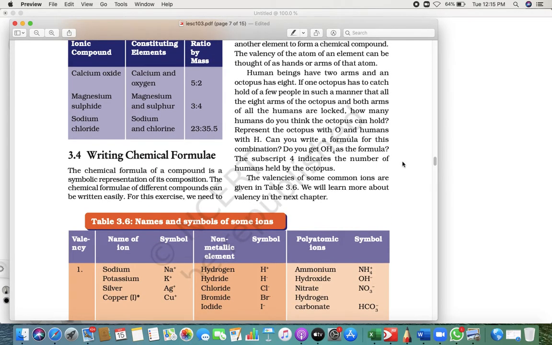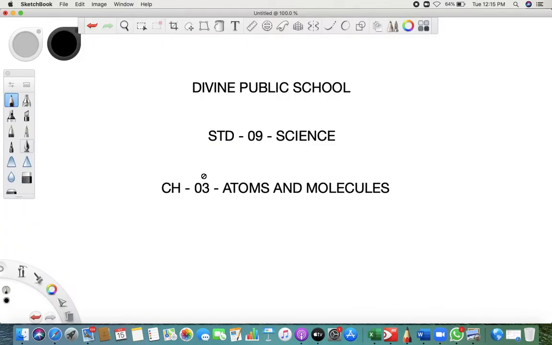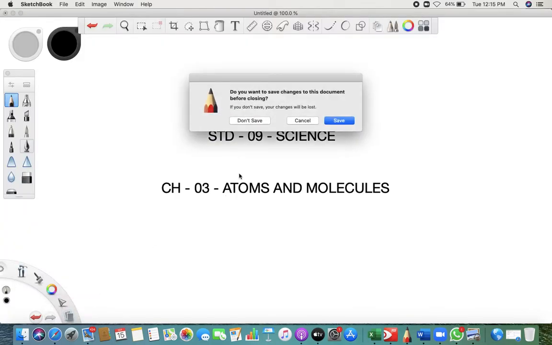So when you write +1, it means it is ready to give one electron.